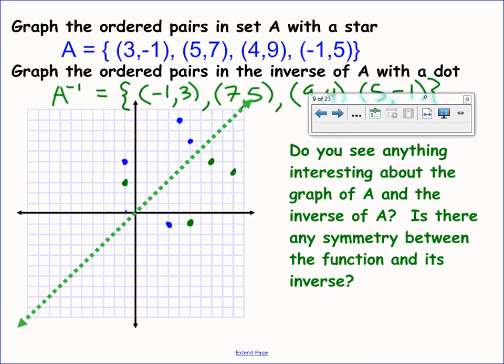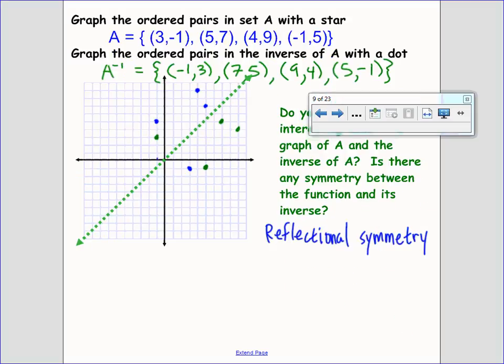And so yes, we have reflectional symmetry about the line y equals x. Nice job. And y equals x is that diagonal line that cuts through the origin at a 45-degree angle. We can see that visually. Nice job, you guys. So reflectional symmetry about the line y equals x.